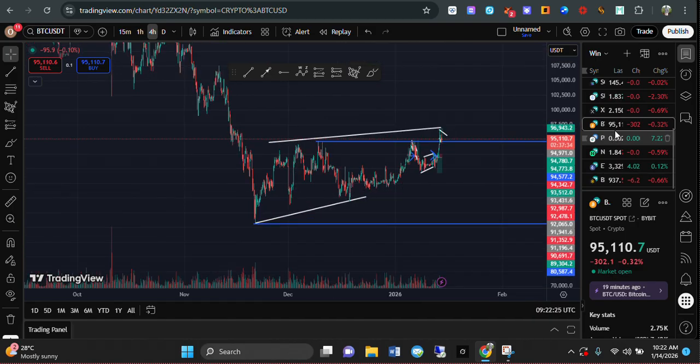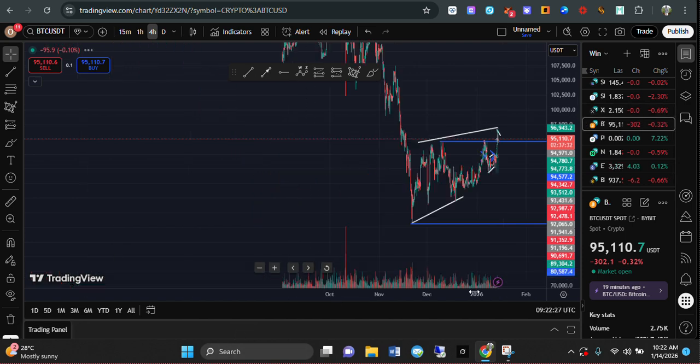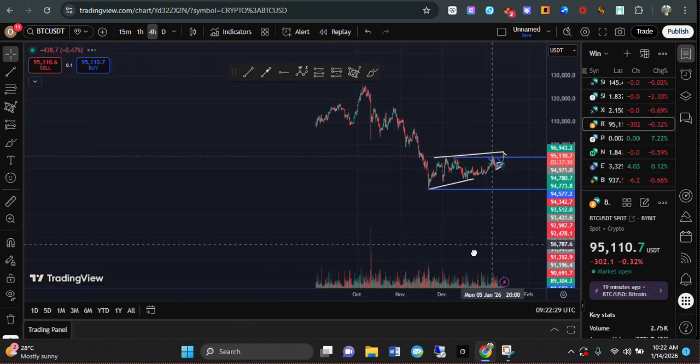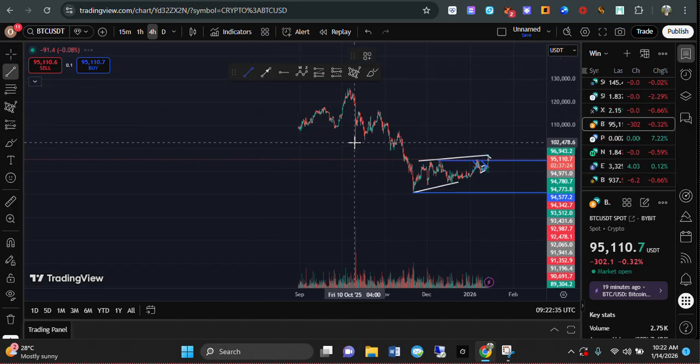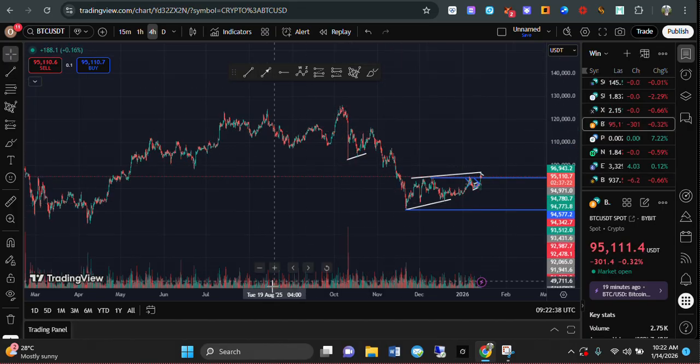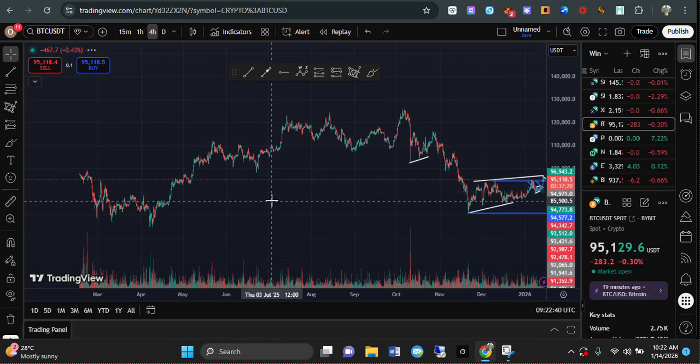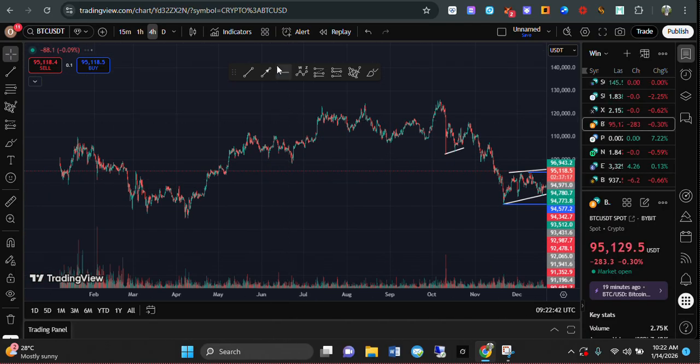You can see this is a very big flag, because the nature on the 4 hours time frame is bearish towards the downside, because we had this correction right here, and we've broken below the previous high.